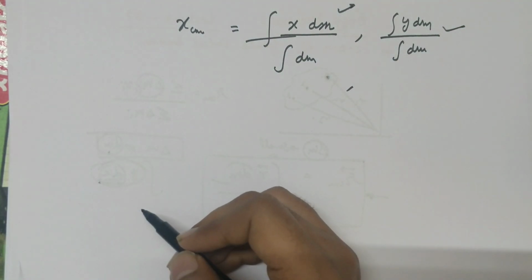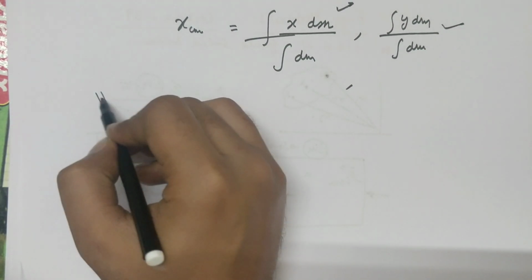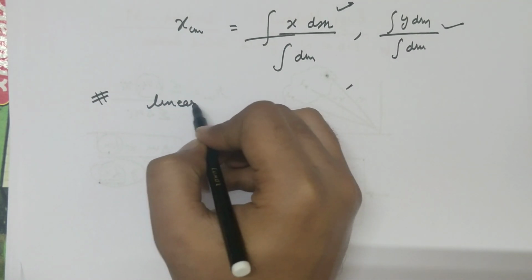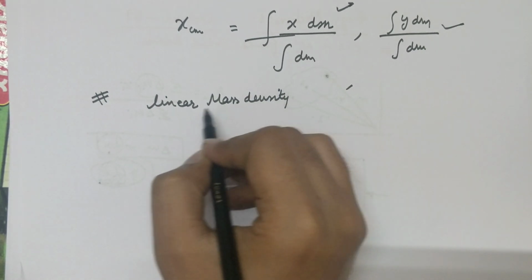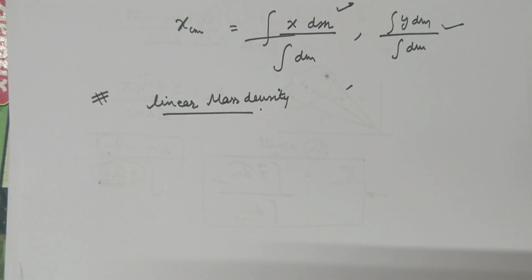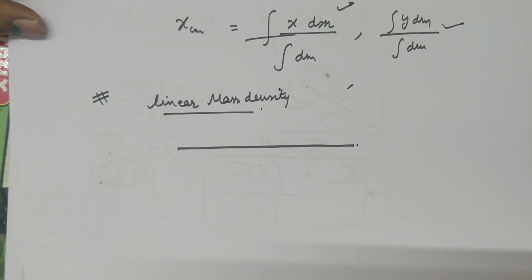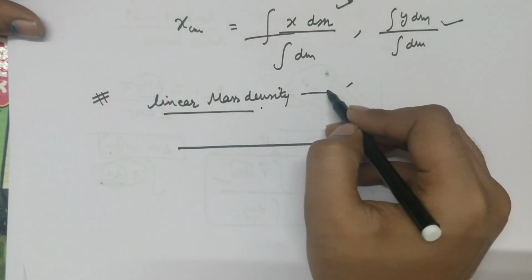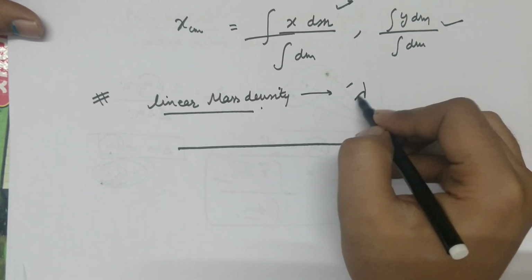Okay, suppose you have to remember 3 mass densities. Like linear mass density, in 1 dimension. Suppose this is a rod, so for that you have to use linear mass density, that is denoted by lambda.